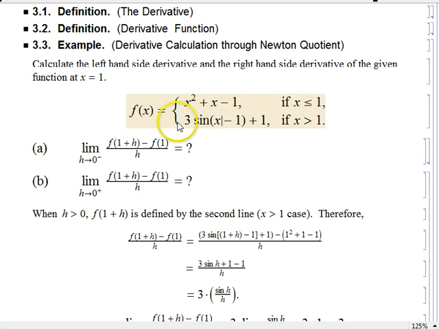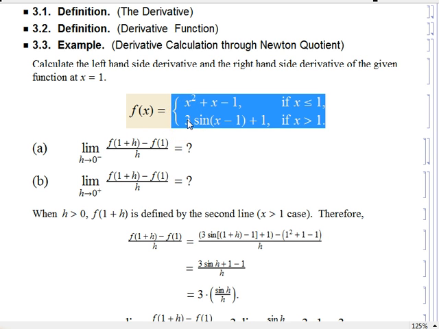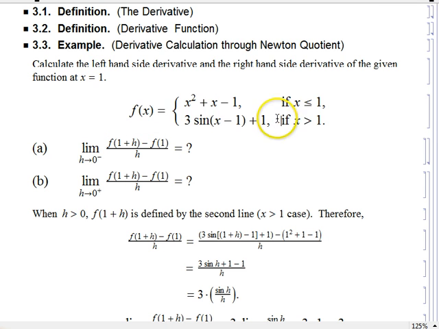Okay, the second line here, and replacing x by 1 plus h, we get 3 sine of 1 plus h minus 1, like that. And when x is equal to 1, we have to use the first line again.